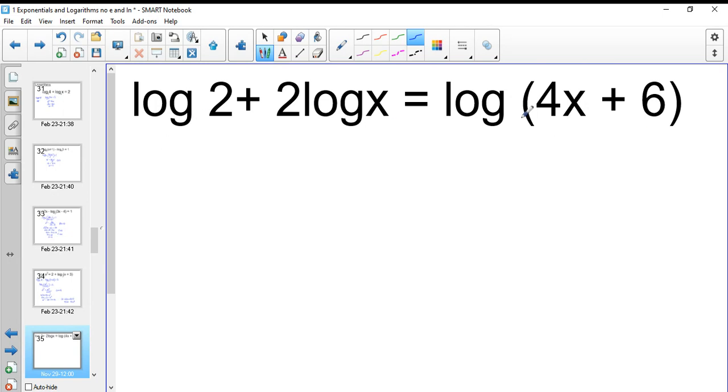They're all the same log, same base. So first of all, just need to deal with that 2. So remember, we can't use law 1 if there's a number in front. So using law 3, I'm going to just raise that as an index.